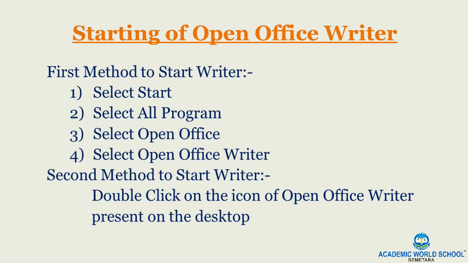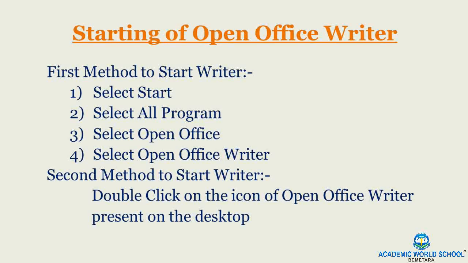The second method is to double click on the icon of OpenOffice Writer present on the desktop. Generally the icons of the software are present on the desktop, so you can just double click on it and then the software will open in front of you.